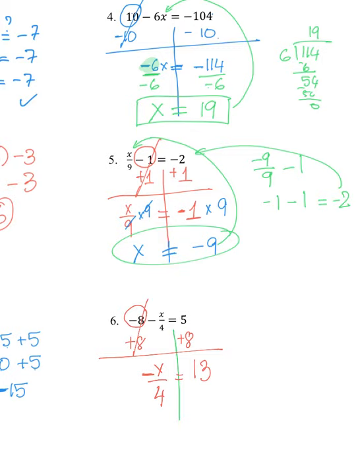Alright, negative x divided by 4. So what is the inverse of division? Multiplication. So make sure you multiply negative 4 on both sides.